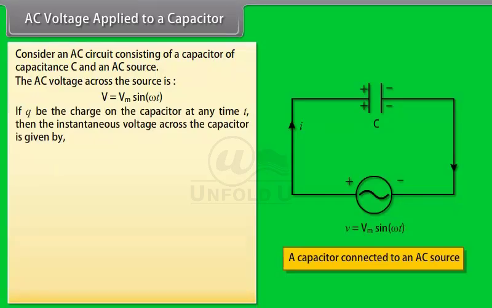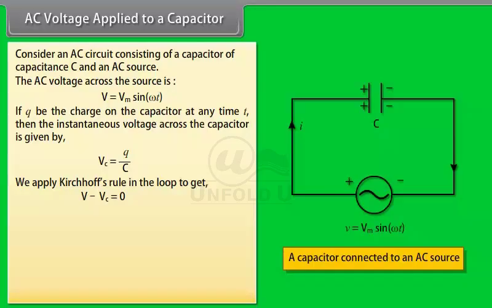If Q be the charge on the capacitor at any time t, then the instantaneous voltage across the capacitor is given by Vc is equal to Q divided by C.